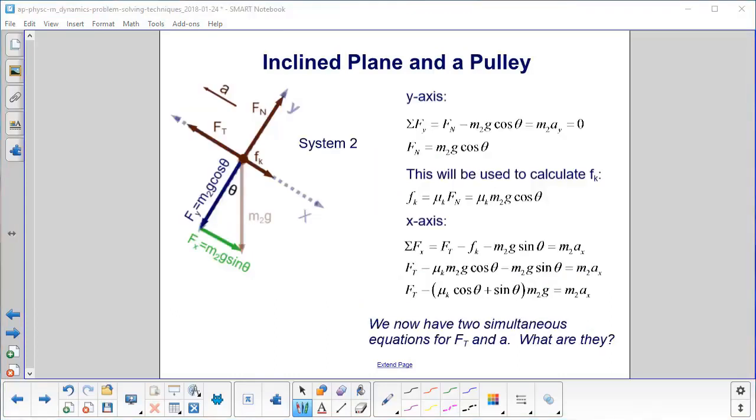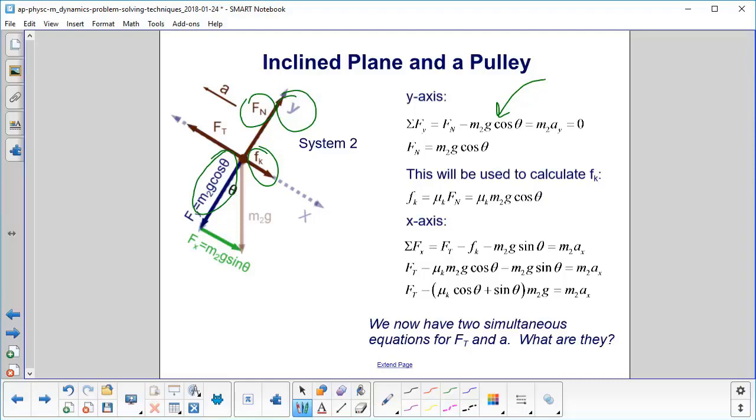For system 2, we typically start with the y direction because that will have us find the normal force, which we will need to calculate the friction force here in the x direction. So in the y direction we have the normal, and we have negative m2g cosine theta. That's the component of gravity in that y coordinate system.